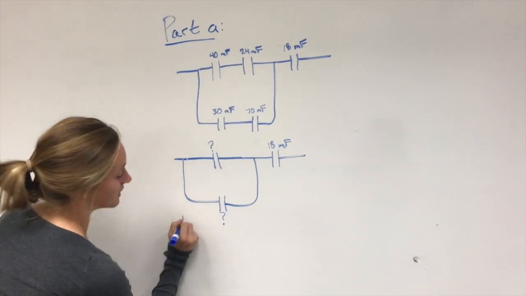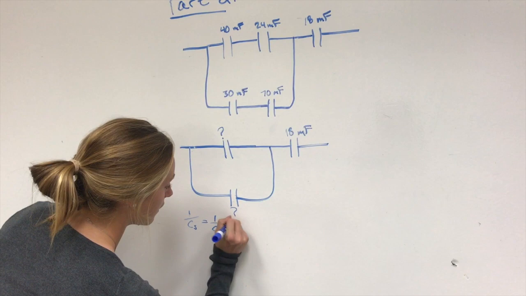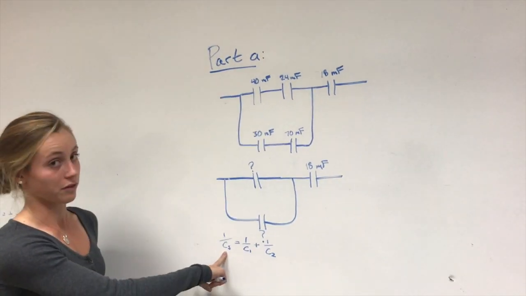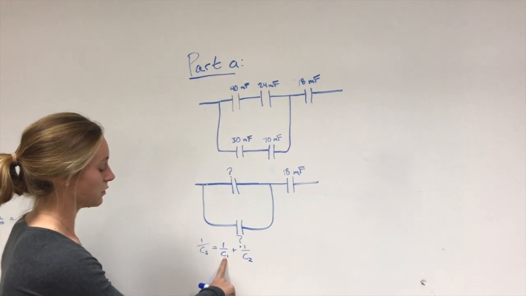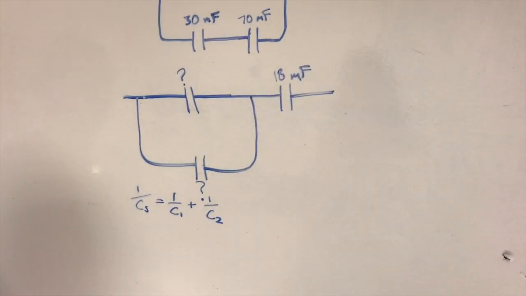So for capacitors in series, they're inverse additive, which means that 1 over the capacitance of the equivalent capacitor is equal to the sum of 1 over the capacitance of each of the capacitors that we're adding.